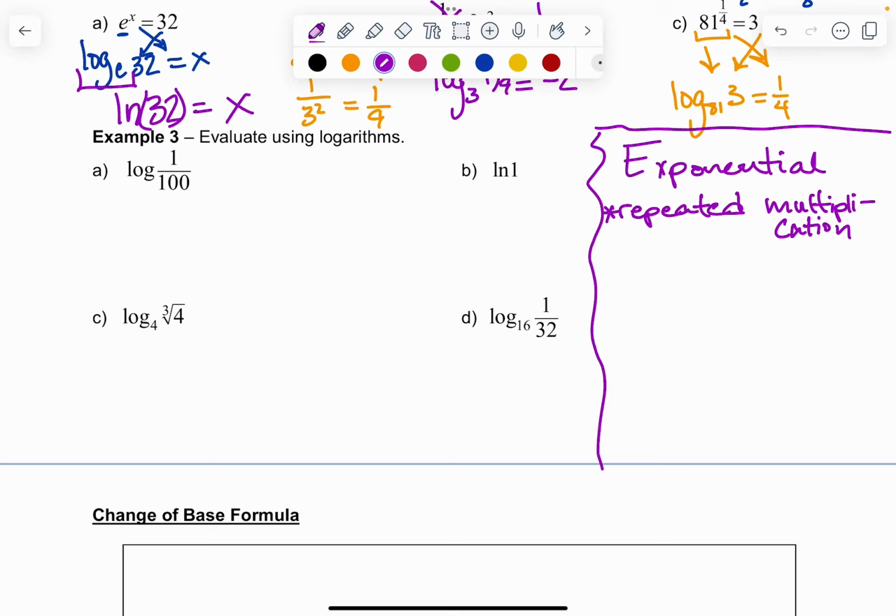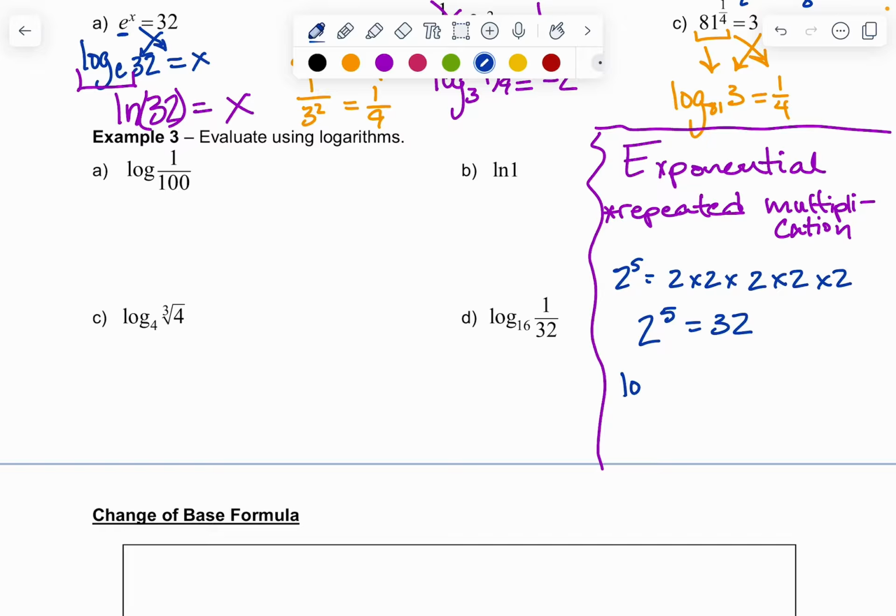And if you think about it, 2 to the 5th is 2 times 2 times 2 times 2 times 2. And my answer for that would be 2 times 2 is 4, times 2 is 8, times 2 is 16, times 2 is 32. But what if I was going to make that logarithmic? Log base 2 of 32. Pretty much what you're asking yourself is, let me rewind real quick.